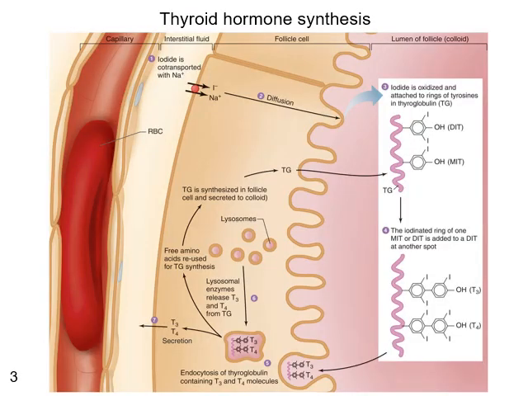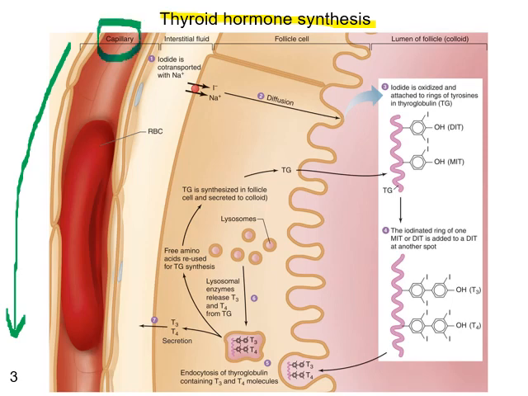Let's talk about the synthesis of T3 and T4. So this is a slide from your textbook. Let's get oriented here. So here is blood flow, a capillary of blood serving the thyroid gland.